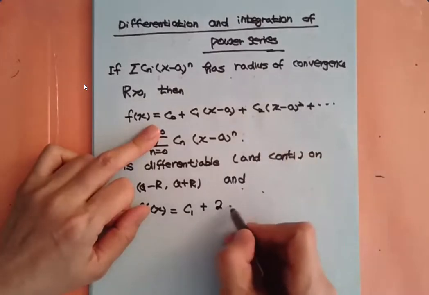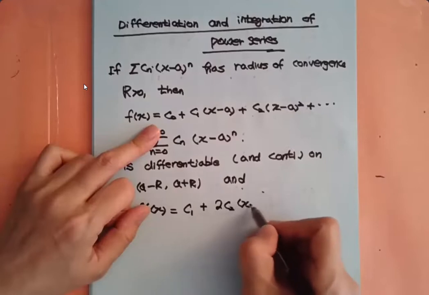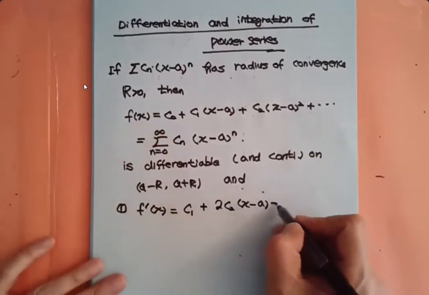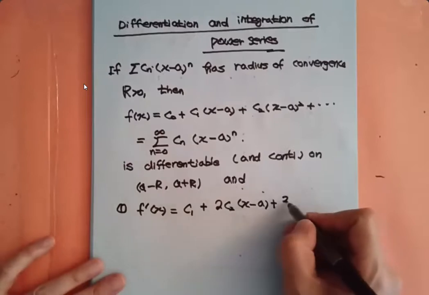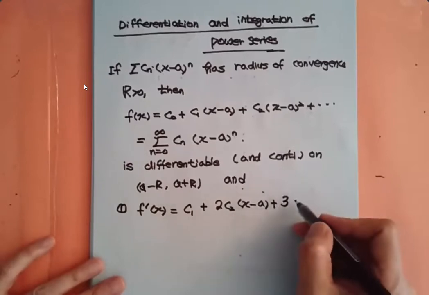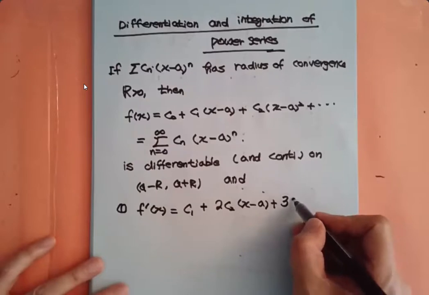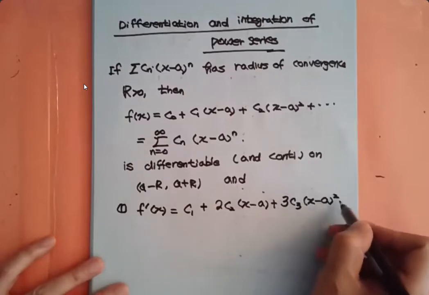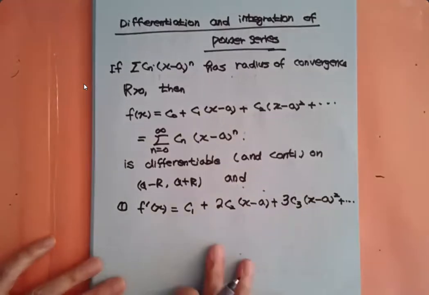So 2 times C2 times x minus a, 1 less power is 1 power. And then we keep on going like that. The next term will be 3 times C3 times x minus a squared, and so on.